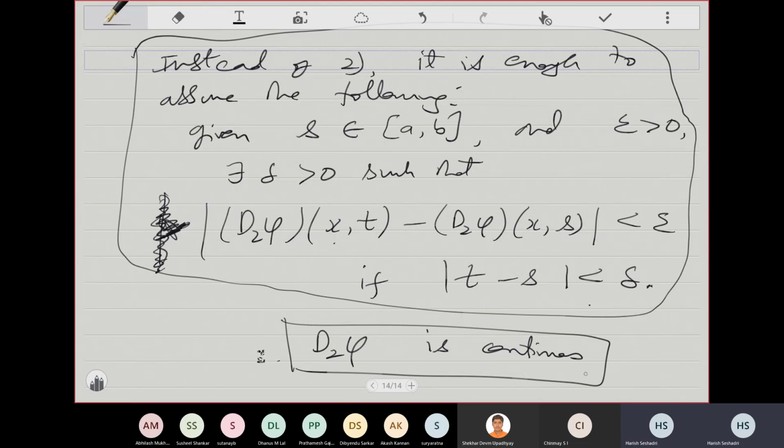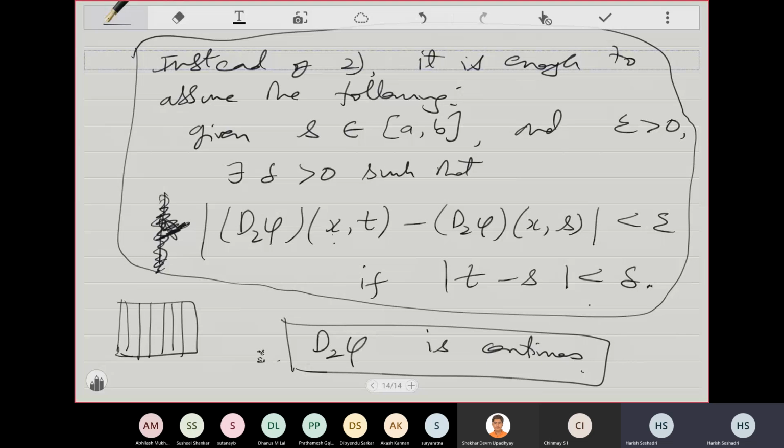Then I would say it's continuous. So I should be free to vary this one as well and still demand the difference is small. Here I fixed x, I'm restricting myself to vertical lines. In the rectangle, I'm just looking at continuity along the vertical lines.